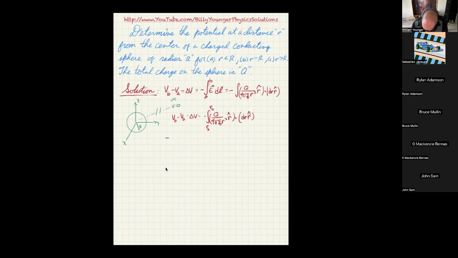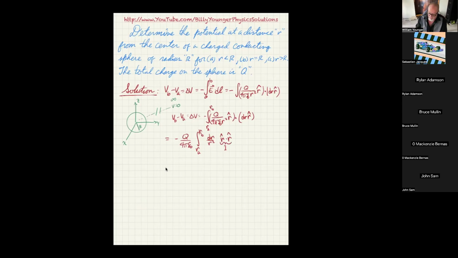Okay. Now this becomes the negative Q over 4 pi epsilon naught integral from RA to RB of dr over r squared times r hat dot r hat. But r hat dot r hat is just 1.